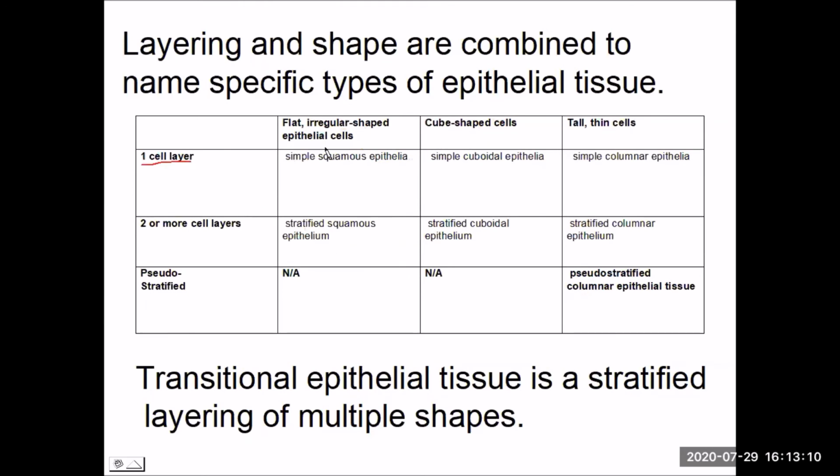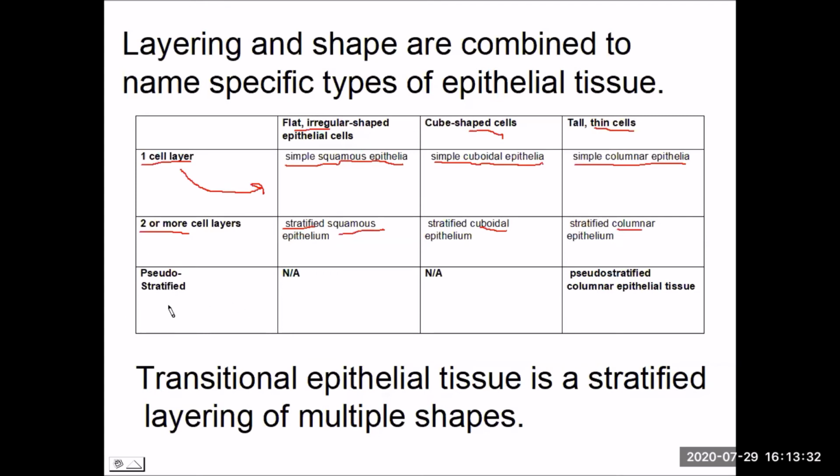So one layer of the flattened cells, simple squamous epithelia, simple cuboidal epithelia, simple columnar epithelia. All three shapes exist with the simple layering. The same could be said about the stratified layering. All three shapes are possible.